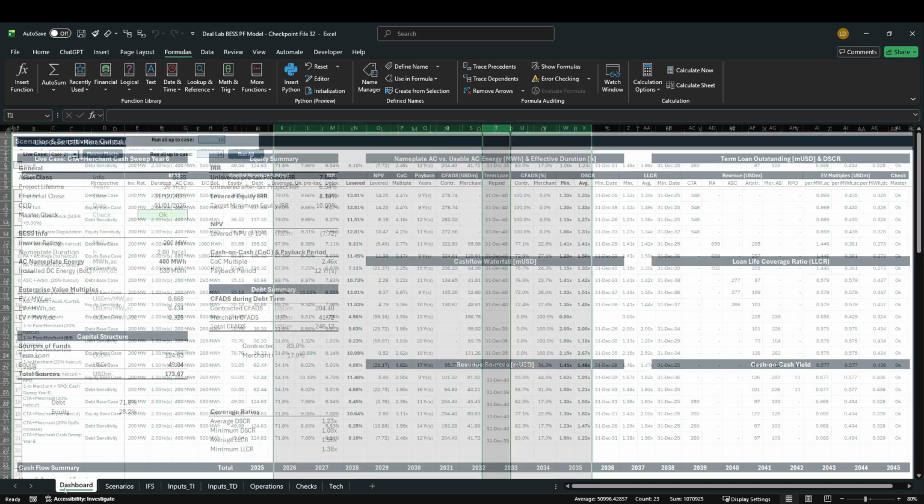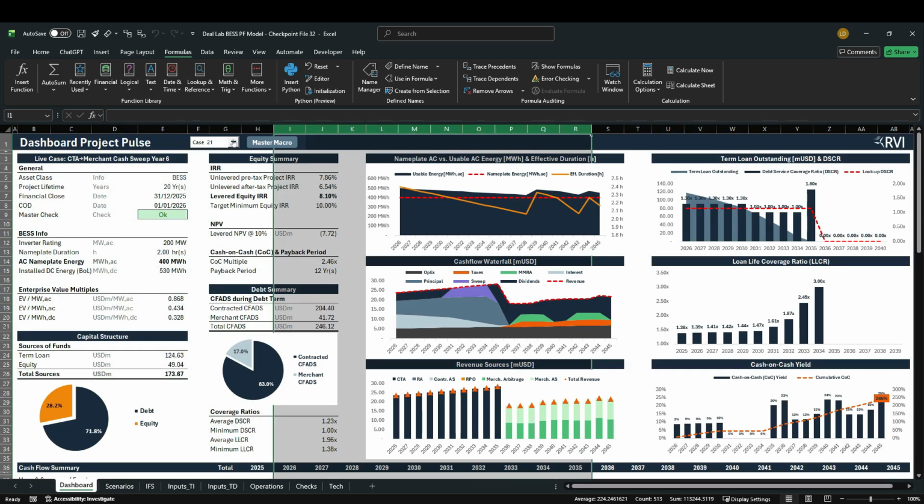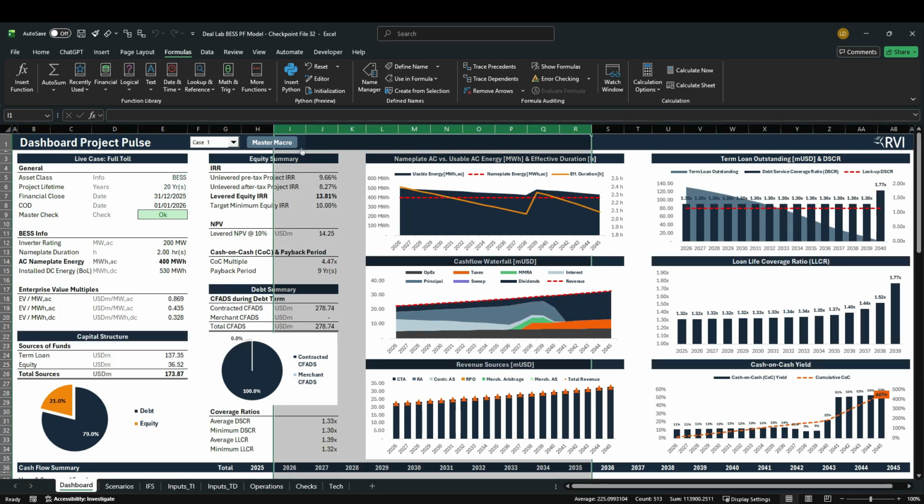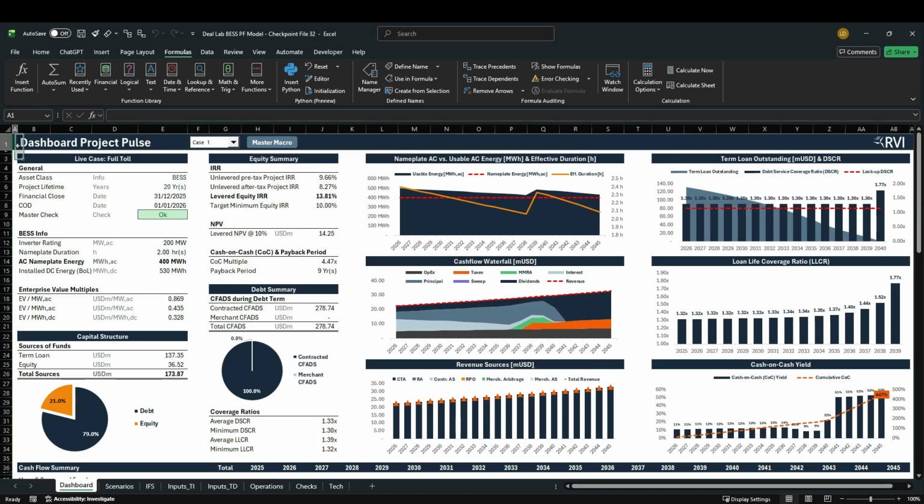And we have the ability to look at all the different cases via dropdown to allow decision makers even more visually appealing flexibility so that they can switch between all the cases and see how the cash flow waterfall shakes out, as well as the term loan outstanding, our nameplate capacity maintenance over the full asset life, as well as revenue sources and cash on cash yields over time.